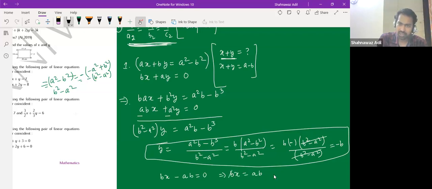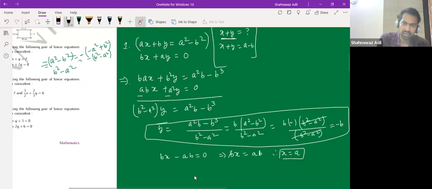So b cancels and x is a. So we can calculate x plus y. This would be a plus minus of b, so a minus b. This is what Hashit was getting. Right, guys? Is this clear?